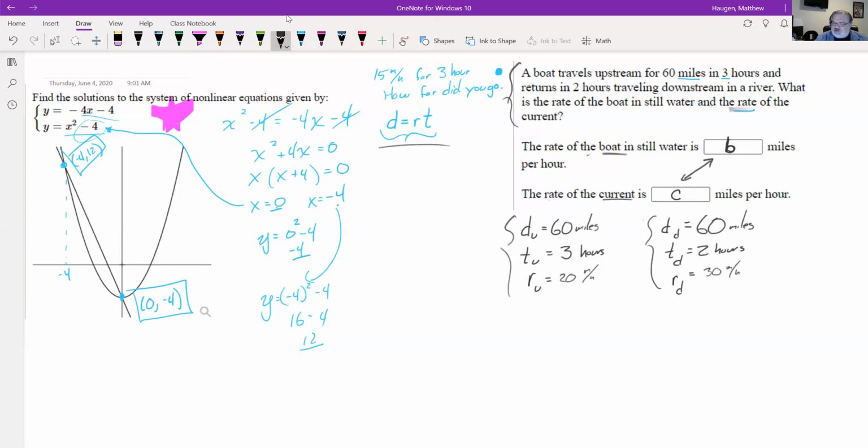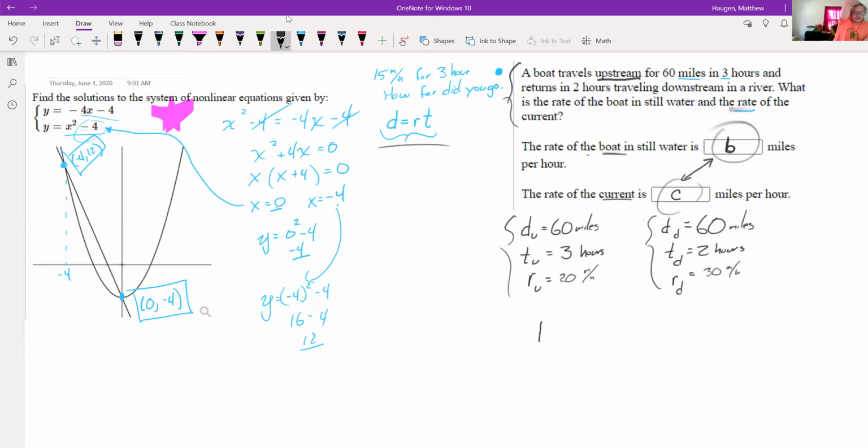When we travel upstream, you're going against the current. Is the current going to help the boat or hurt the boat? If you're going upstream, it's going to hinder.